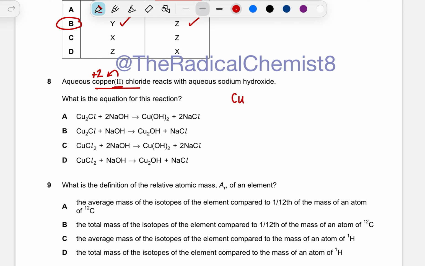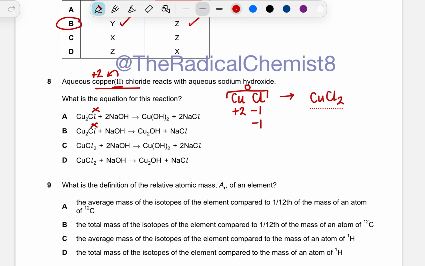So this means that copper is +2. And you know that chlorine is in group 7, so it's going to be -1. So the formula of copper chloride will be CuCl2, because overall you need to balance out your charges, so you need another -1 here. So automatically these two options are wrong.